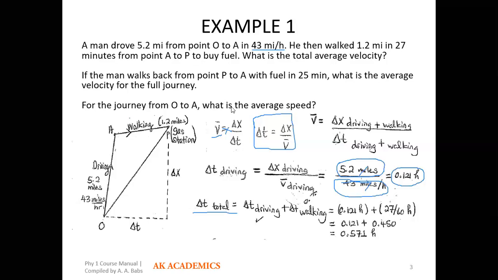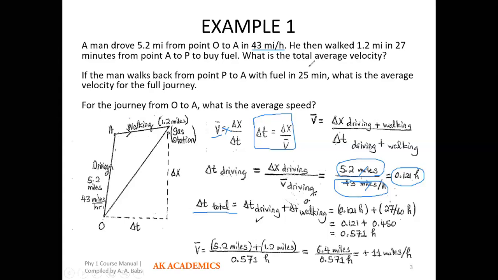Let's take it a step further. The average velocity that we are asked to look for is the total average velocity. So the total average velocity will be equal to the displacement of driving, given to us as 5.2 miles, and the displacement for walking, given to us in the question as 1.2 miles. If you add both together, you have 6.4 miles.